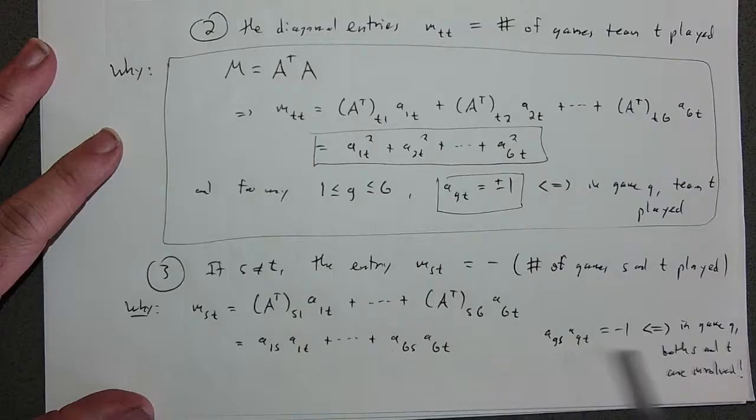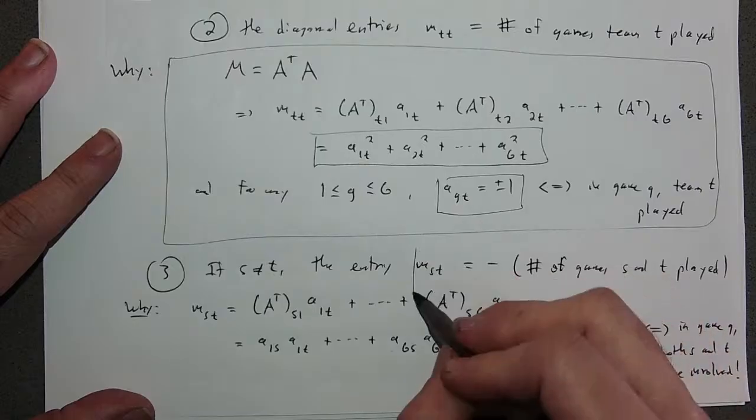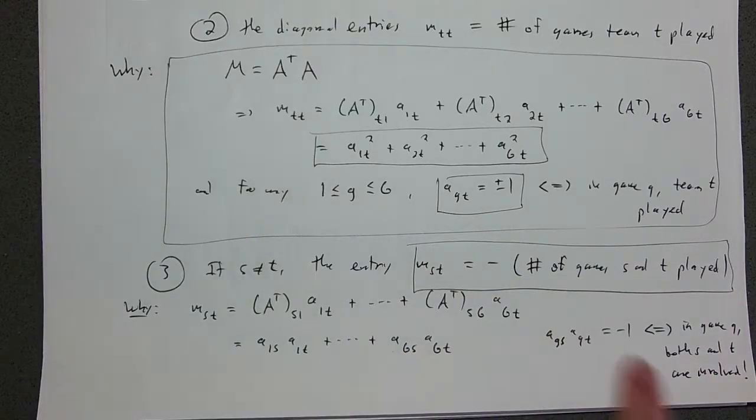And so you get a -1 every time both S and T are involved, so then you get minus the number of games they played together. Okay, you get a -1 for each time they play together, otherwise you get a 0. Okay, so what this counts is it's minus the number of games they played against each other. Okay.